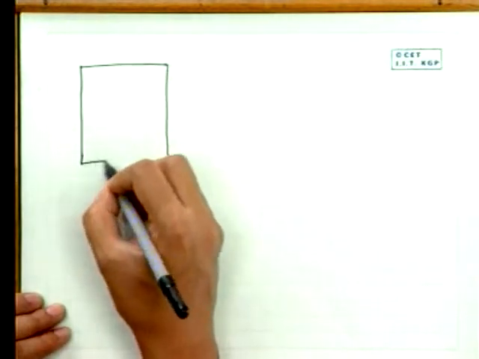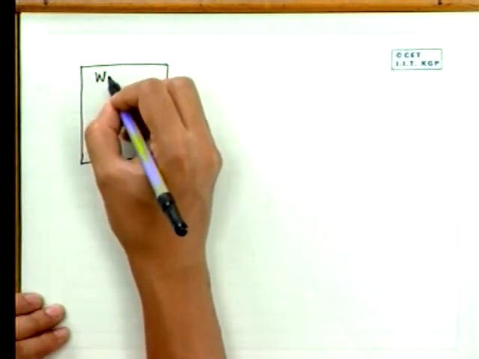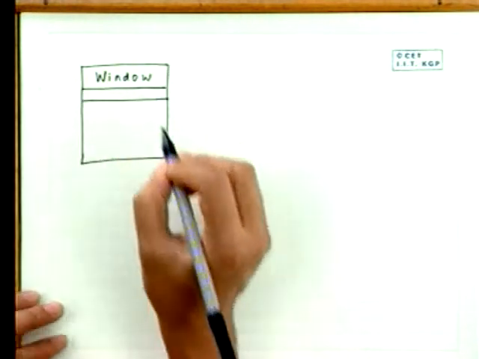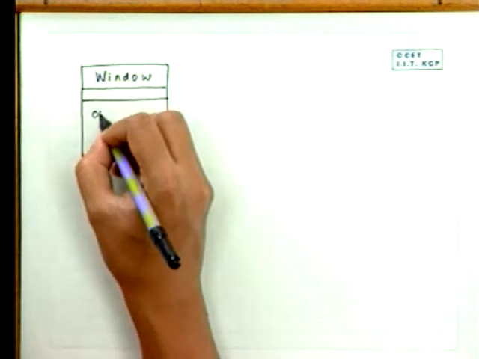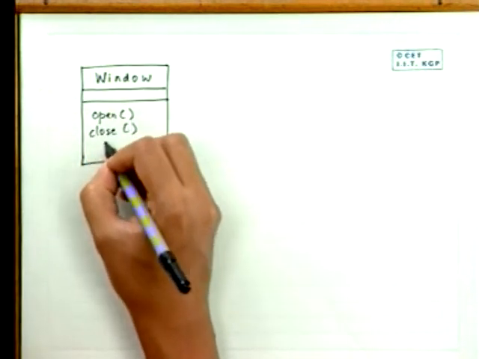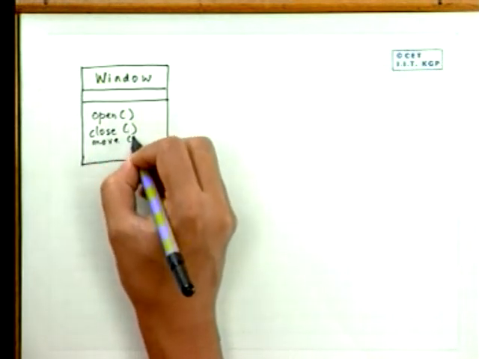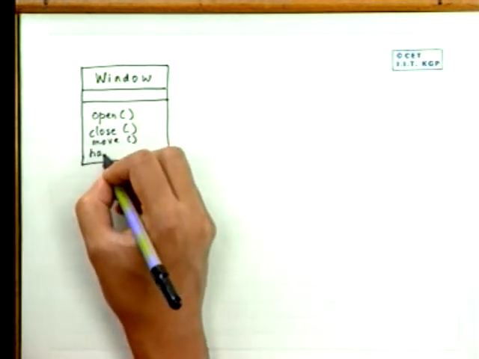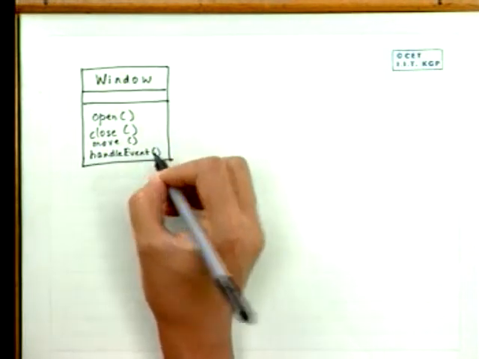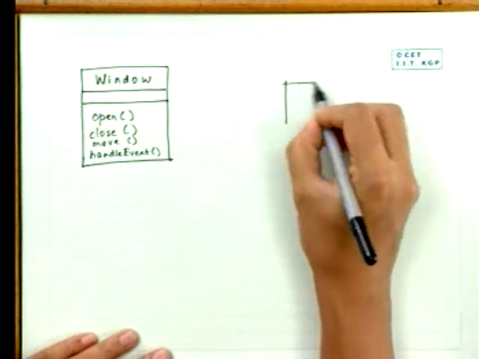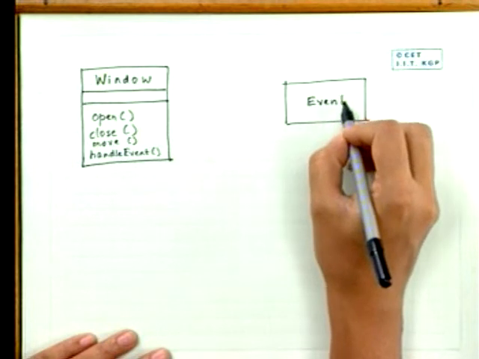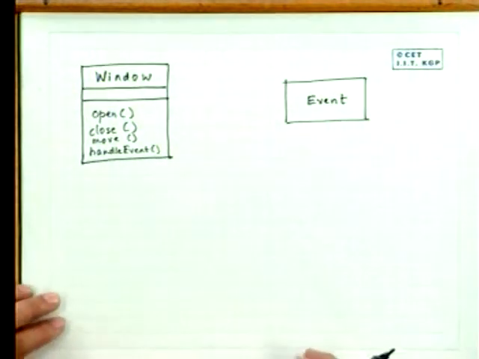So we have, let us say, this object window, which has the following operations: open, close, move, and handle event. We have another class whose name is event, and we have different types of windows.